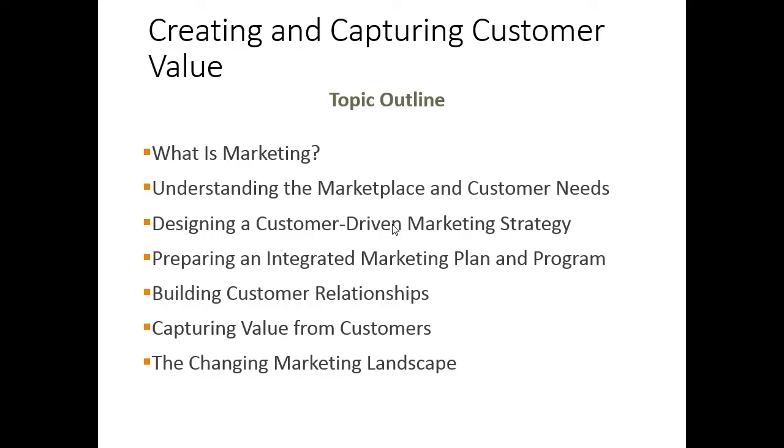Then we'll morph into talking about what's going on right now in the marketplace, mainly as it relates to technology, the application and use of technology to create products and services, promote products and services, as well as deliver specifically online-based types of services.